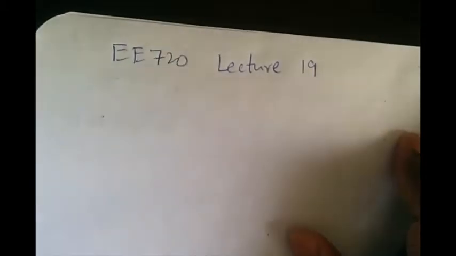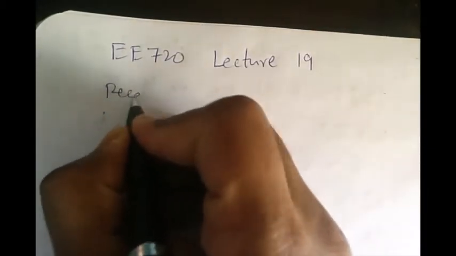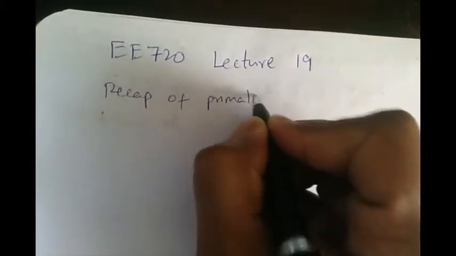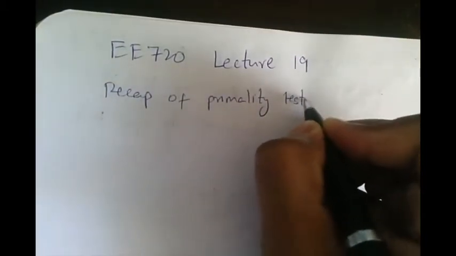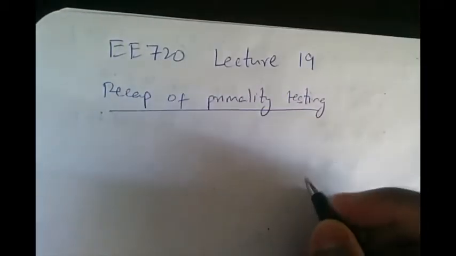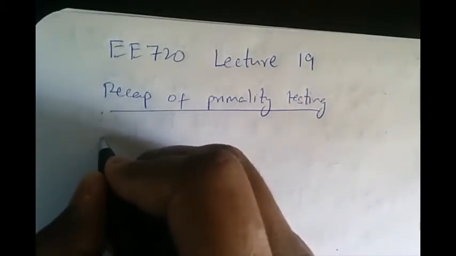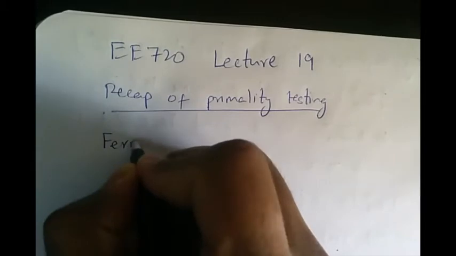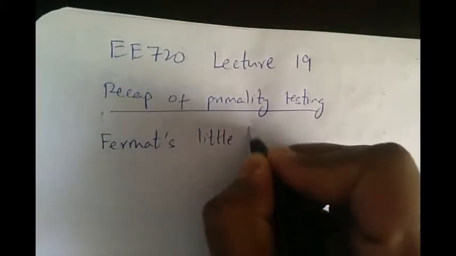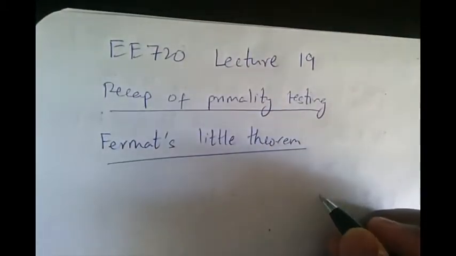So let's recap what we did in the previous lecture on primality testing. The main result we want to use, to detect whether an odd integer is a prime or not, is Fermat's little theorem. So what does it say?